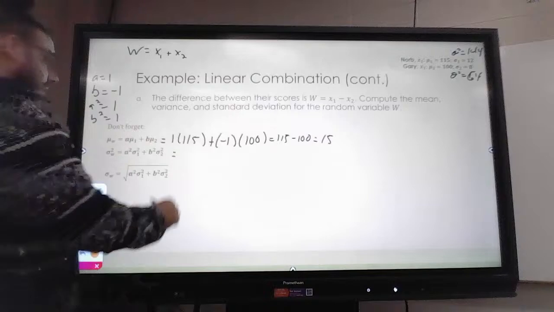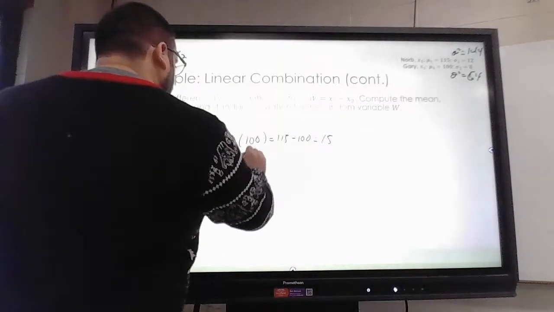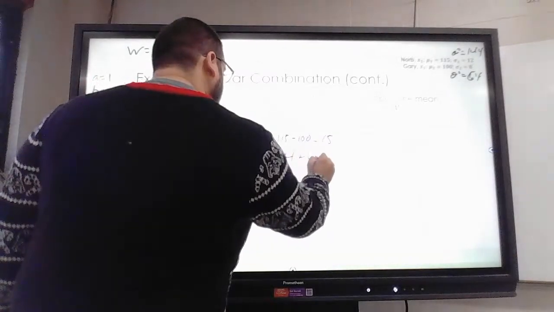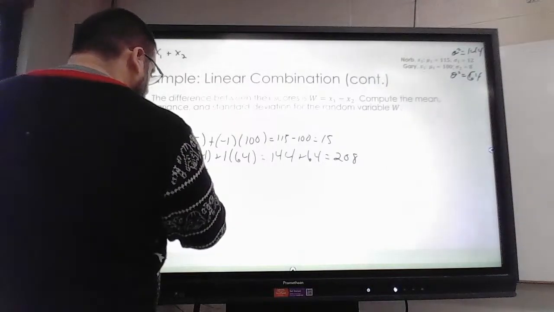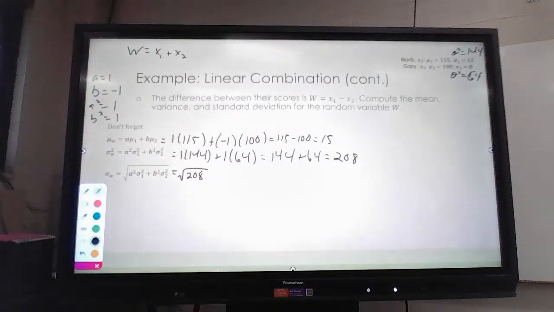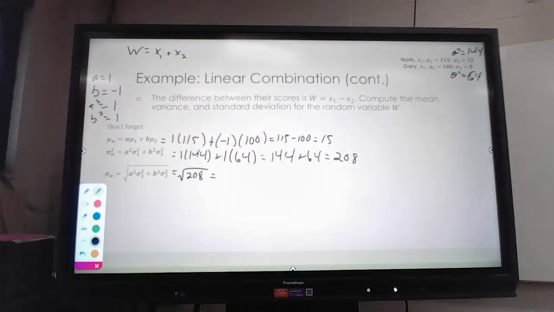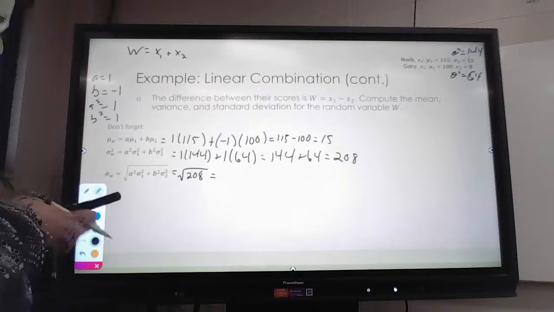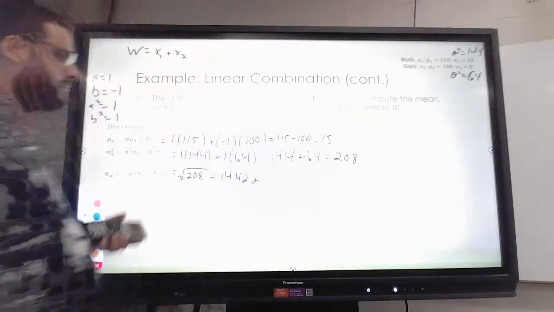So I have 1 times 144 plus 1 times 64. That's 144 plus 64, which is 208. And of course, to find the standard deviation, I'm going to take the square root of 208. I'm going to round that to 3 decimal places. Square root of 208, that's 14.422.